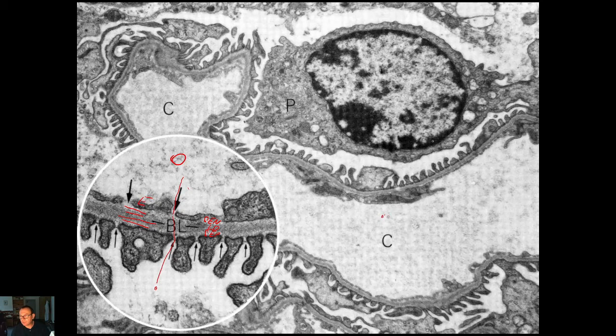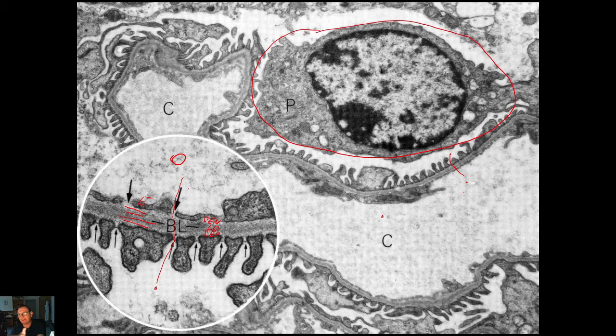It goes through, not here, here is a too thick part of the endothelial cell, but let's say here, it goes through the pore, through the complex of basal laminae, through the filtration slit, and we have got it in the urinary space.